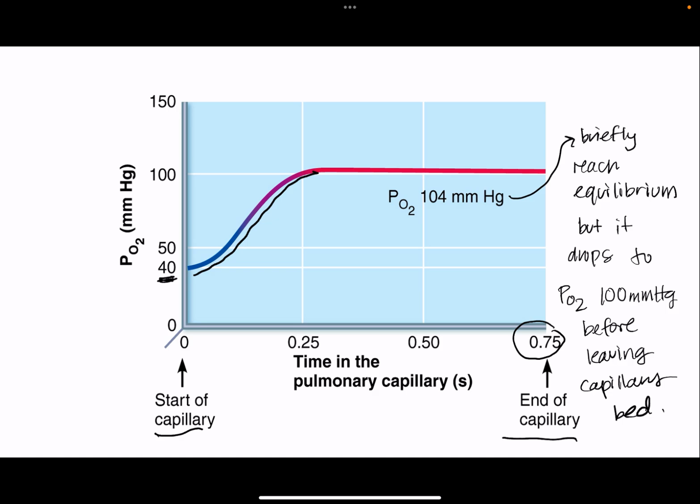Okay, so the blood stays in the capillary bed for 0.75 seconds, but at rest, it only takes us 0.25 seconds to get where we need to be. Okay, so we have a buffer of about a half a second. Where if we needed to, we have that extra time to be able to get fully oxygenated, which is going to be really important when we exercise, because when we exercise, we can drop as low as 15.